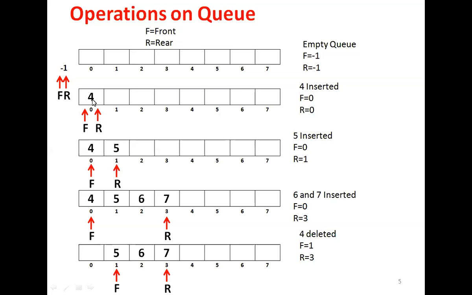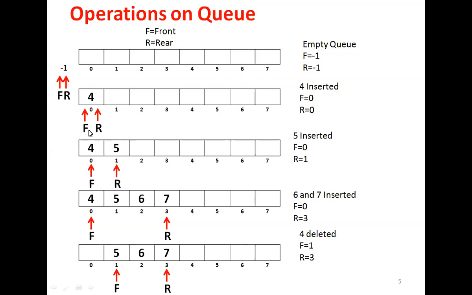One more thing is that whenever we insert the first data item into the queue, that means whenever the queue is empty and we are inserting the data item for the first time. Initially, whenever the queue is empty, both the rear and front values are -1. And whenever we want to insert the first data item, of course, we will increment the value of r by 1. And also we have to increment the value of f, that is front, by 1.